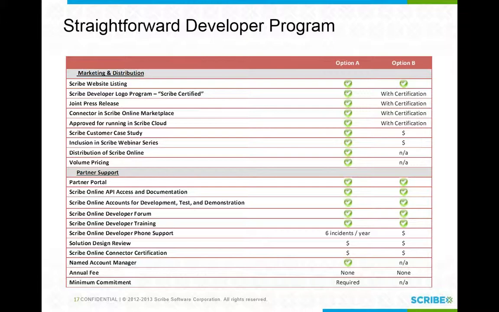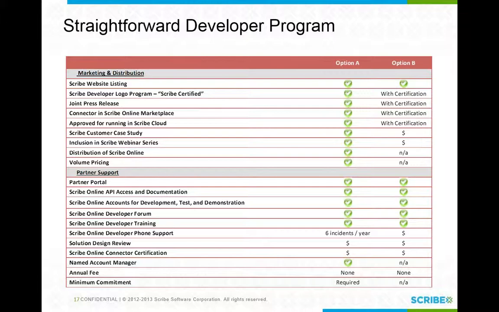Option A is the option that many ISVs prefer because this allows them to provide Scribe Online within their solutions. So the customer does not have to go to Scribe to get the parts that they need. All of that is included with the ISV solution and connector.